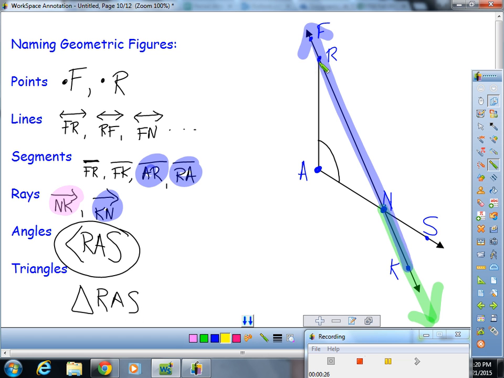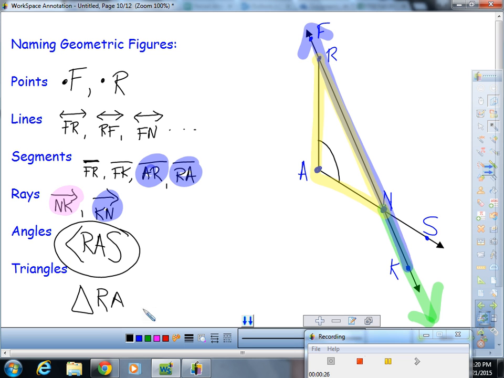Here we've got triangle RAN. Triangle RAS is not a triangle at all. Sorry, triangle RAN. So that's how you name a triangle. 3 letters. The letters must represent the vertices of the triangle, not simply points on the triangle.